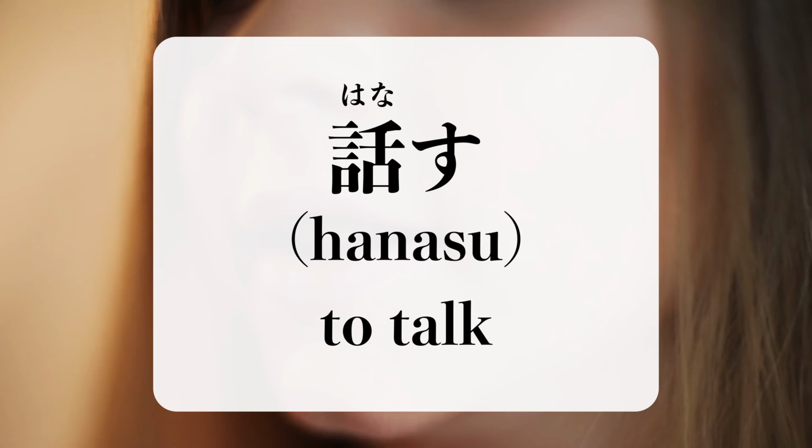For verbs ending in ku, such as kaku, to write, and aruku, to walk, to form the te form, simply drop ku and add ite.